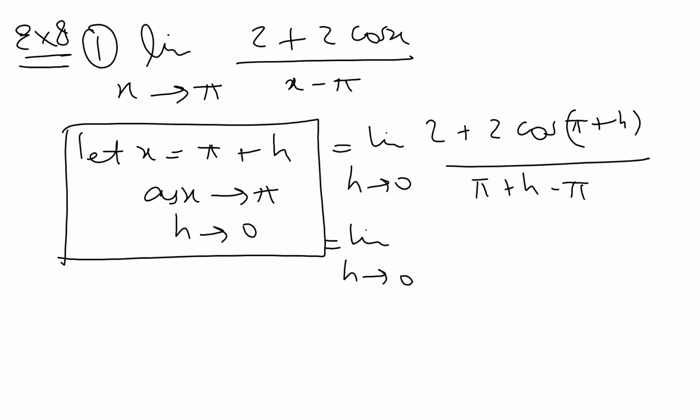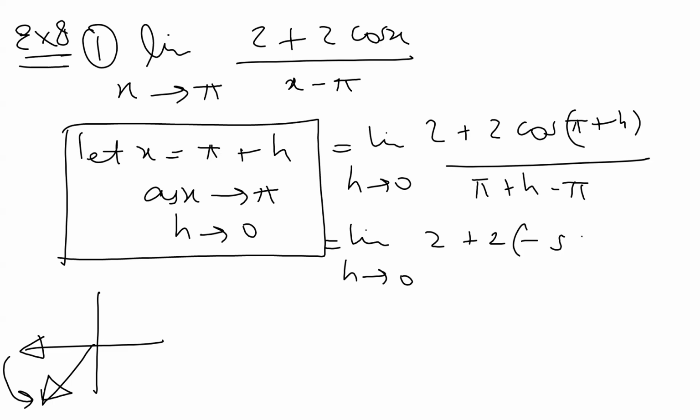Limit h approaching 0, 2 plus 2 cos pi plus h. Now pi is over here, plus h. Plus is anti-clockwise. So in this quadrant, cos is negative.